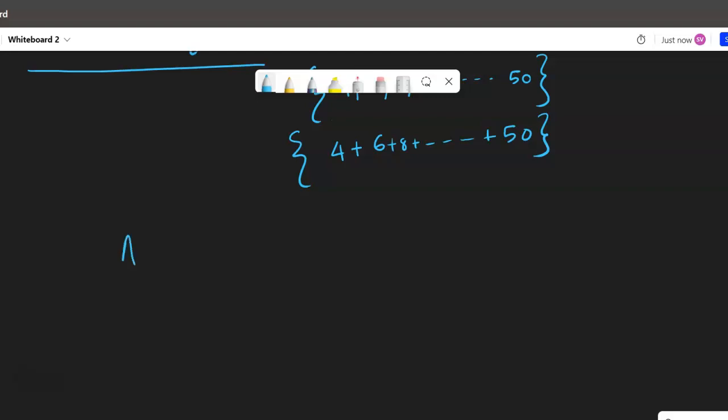Say, for example, I have an arithmetic sequence equal to 1, 3, 5, 7, 9, 11, 13, and so on.